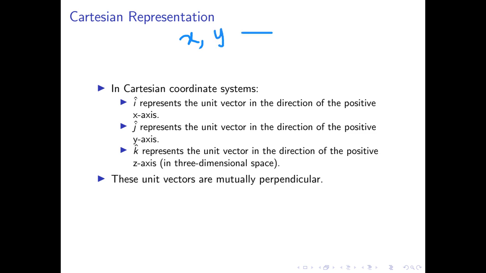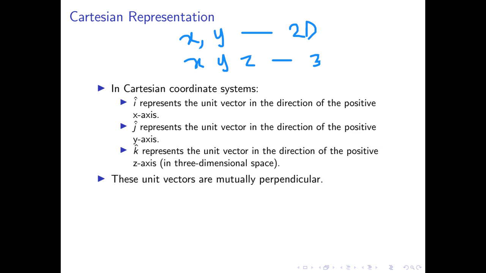If it is three-dimensional, it becomes X, Y, and Z. How do we then represent our vectors in all these dimensional spaces?